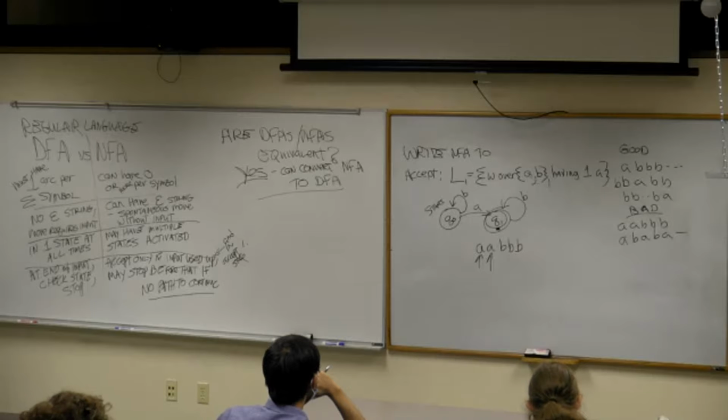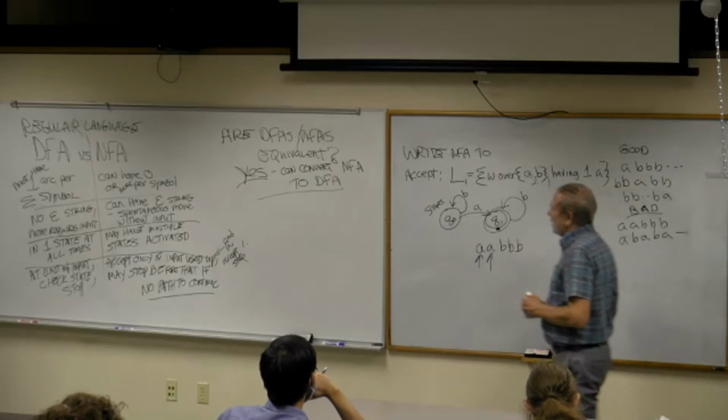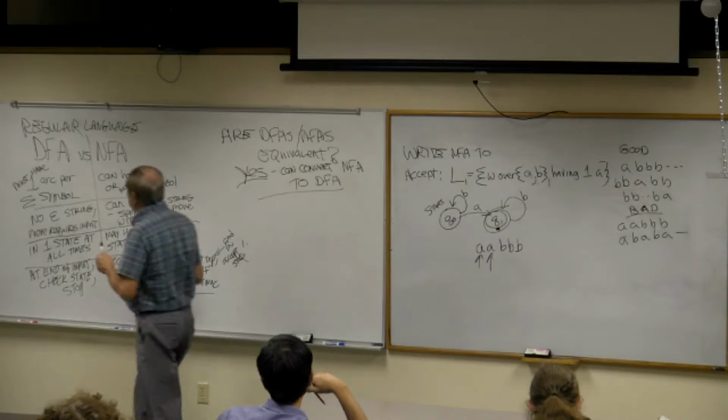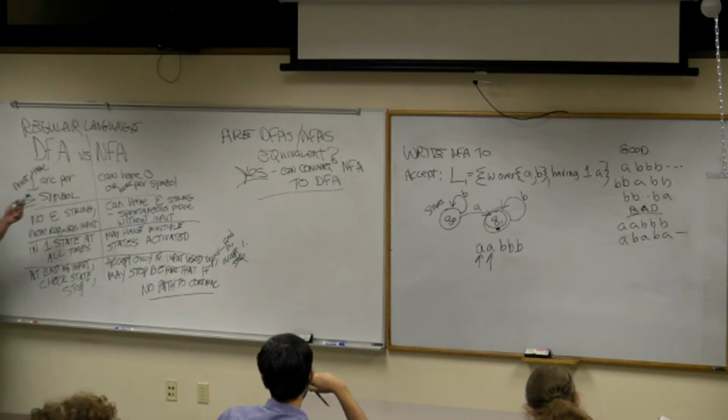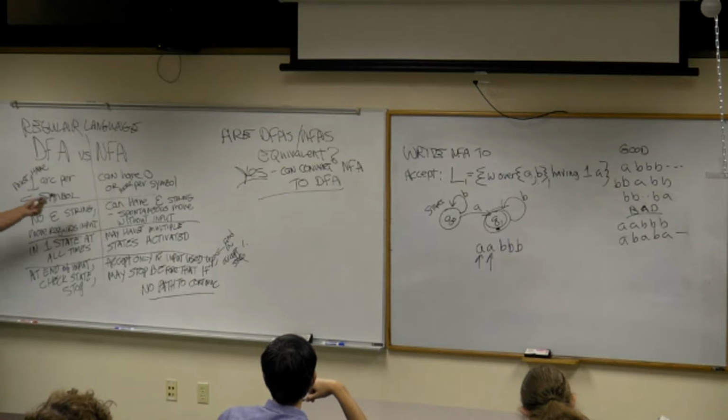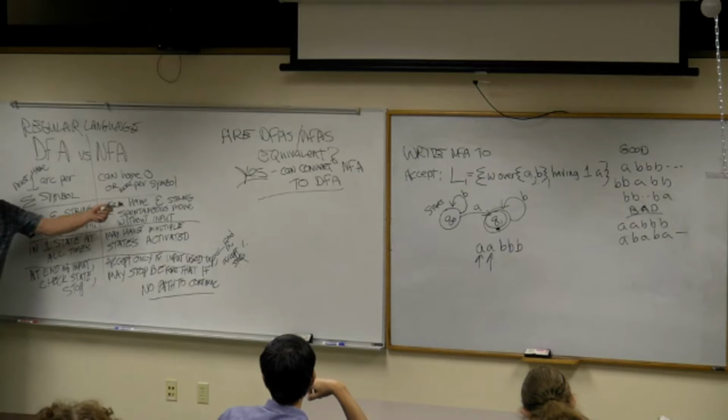If you must have one, then that counts as 0 or more, so this would meet that requirement. The epsilon moves are optional. So if you don't have any epsilon strings, you still meet the definition of an NFA.